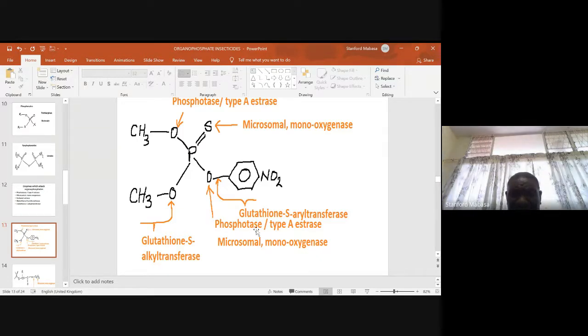Or we could simply have a phosphatase breaking this bond. Or it could be a microsomal monooxygenase. Here we can have a glutathione S-aryl transferase. It can also act here. So you can see that organophosphates are prone to a number of enzymes.